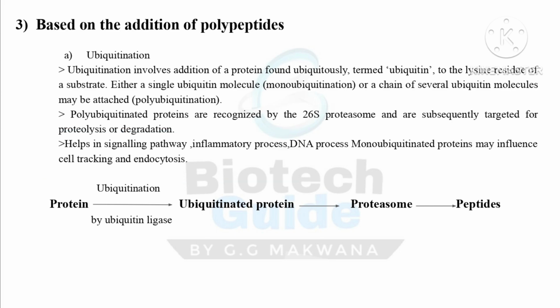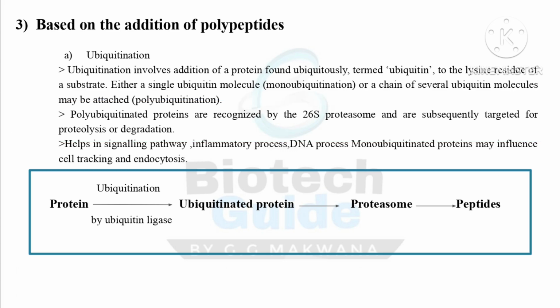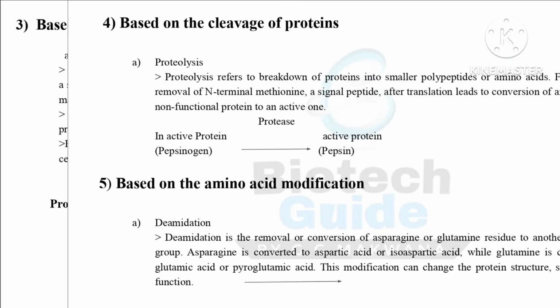One important point is polyubiquitinated proteins are recognized by the 26S subunit of the proteasome and are subsequently targeted for proteolysis and degradation. The simplest mechanism: a protein is ubiquitinated by a ubiquitin ligase and converted into a ubiquitinated protein, then the proteasome and the peptides.